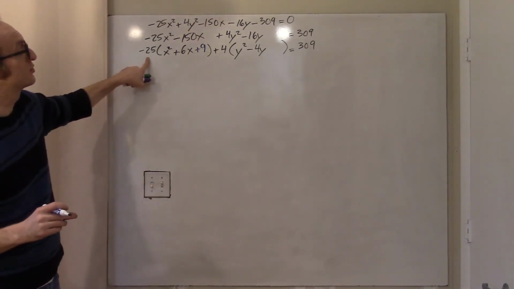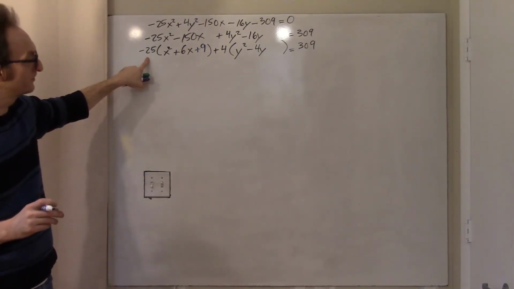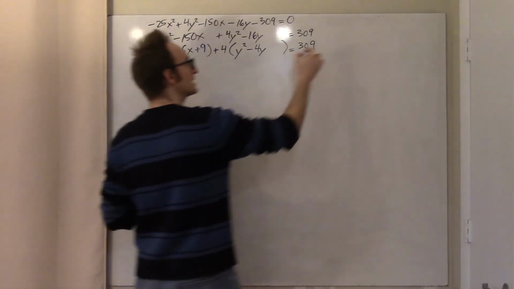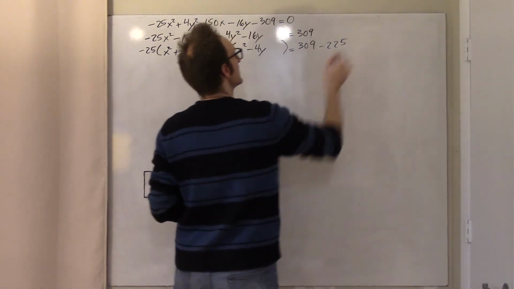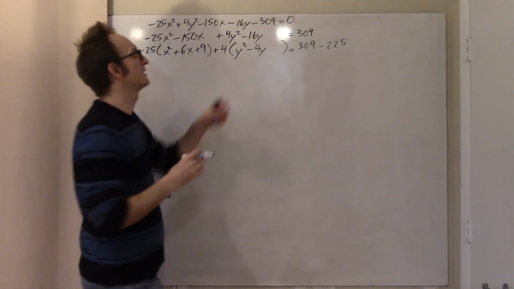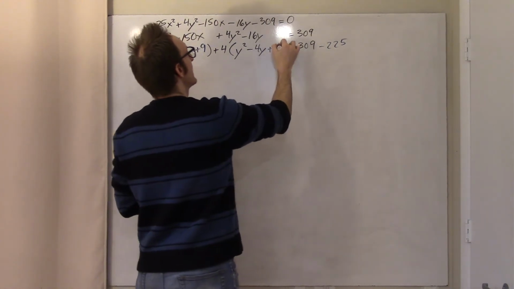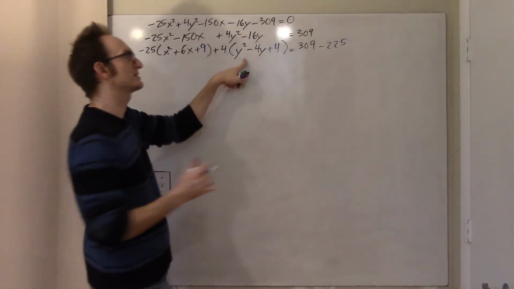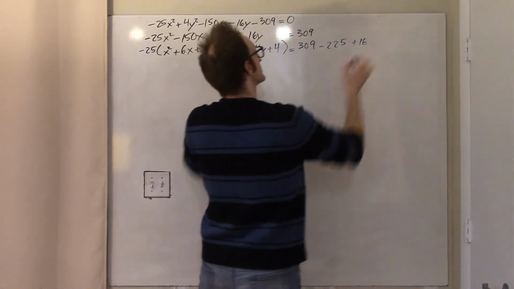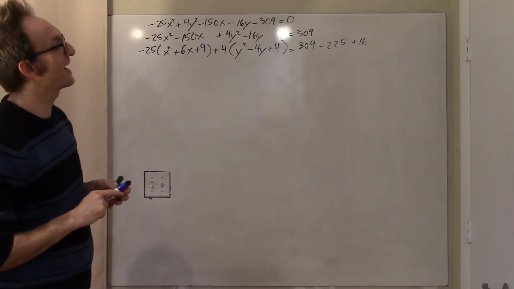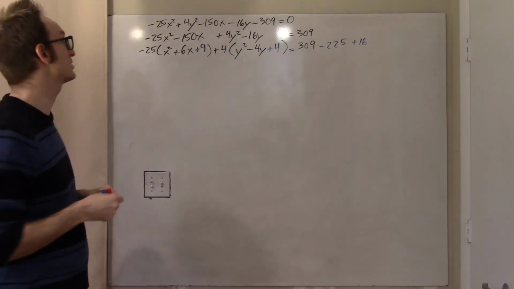And what did I just do to the left-hand side of this equation? I just subtracted 225. So minus 225. And what number goes here? Well, 4. And so I just added 16 to the left-hand side of this equation, so I'm just going to add 16 to the right-hand side over here as well. Alright, so what does that give me? It gives me 325 minus 225, so it's going to be just 100 on the right.